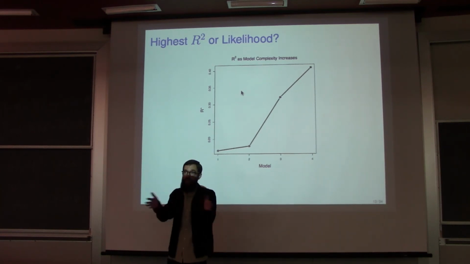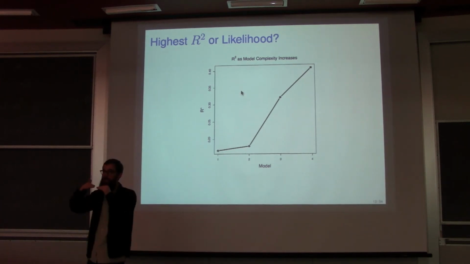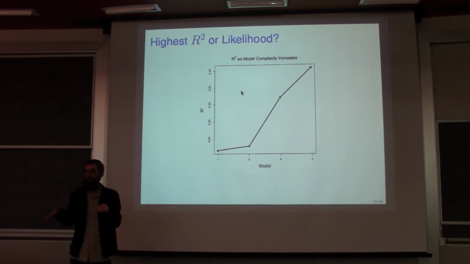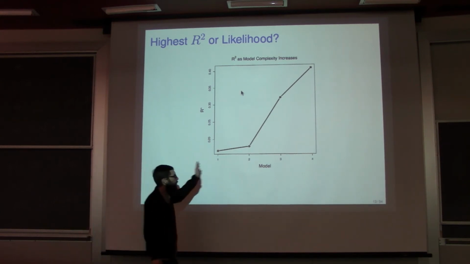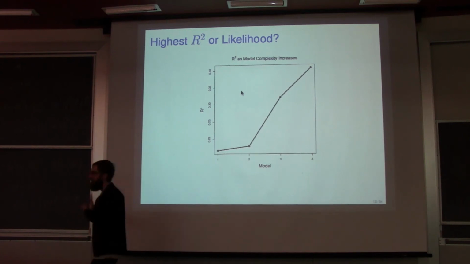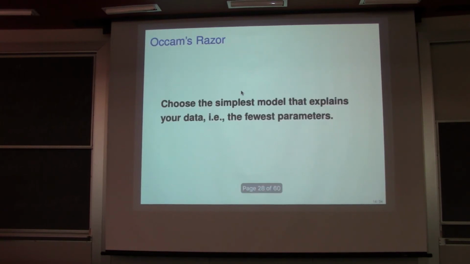So just to write down the Gaussian likelihood, if I add another variable to an existing model, it's always going to increase the likelihood. Or at worst, I should say, it's going to stay flat if that didn't change anything, but it can't go down. So you're only going to select more complicated models by this strategy. So that doesn't help at all.